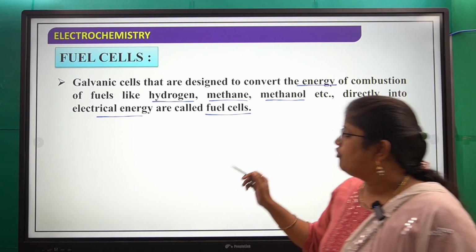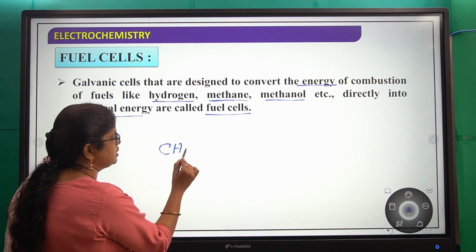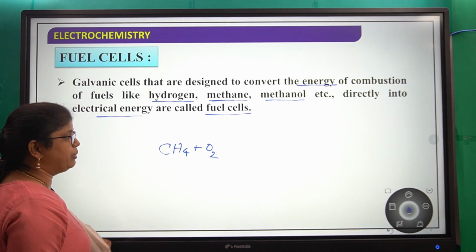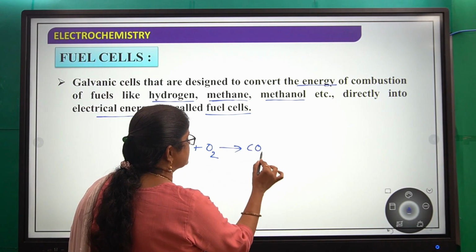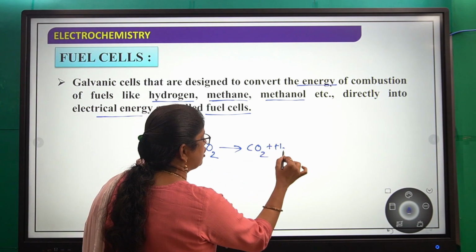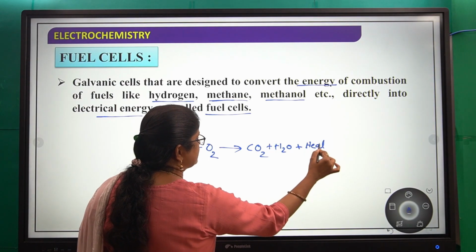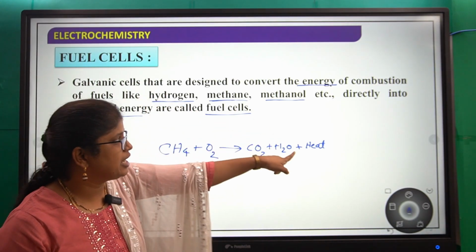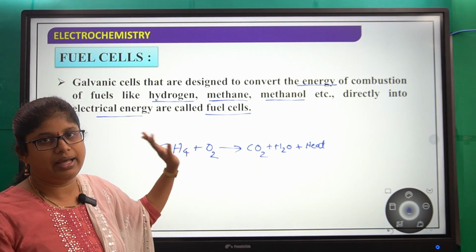For example, if we take methane, CH4, when it burns in the presence of oxygen, it gives carbon dioxide and water, along with a large amount of heat energy. These fuel cells convert this energy directly into electrical energy.